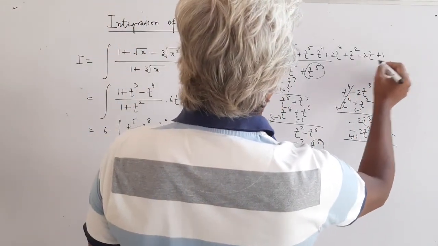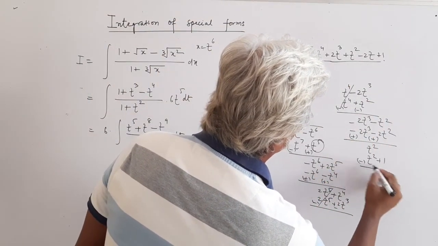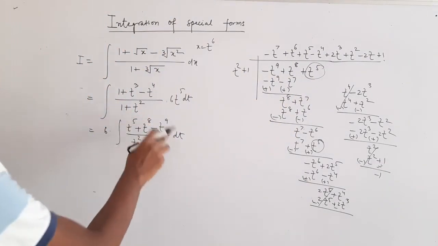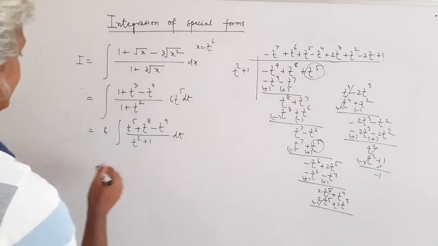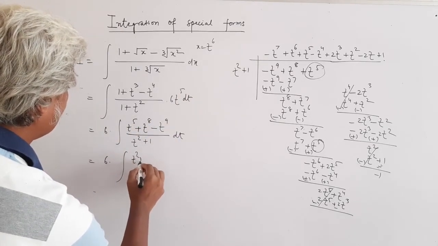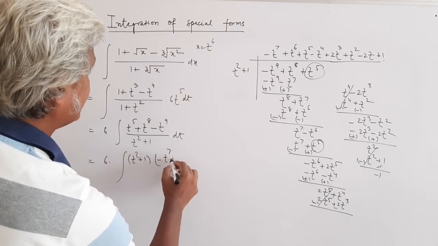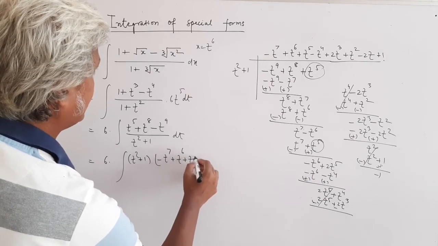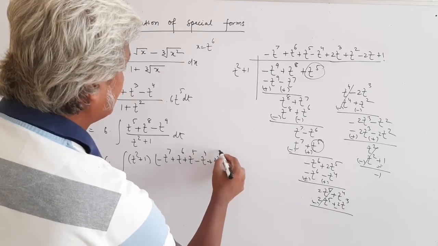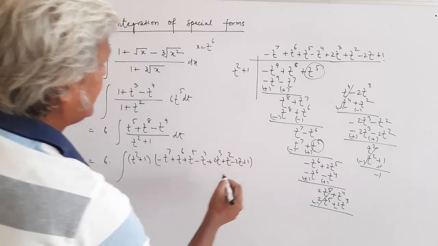Then I go by 1, and then I get t square plus 1 minus this cancels, and here I am left with 1. So this whole expression can be written as 6 times integration of t square plus 1, and then minus t to the power 7 plus t to the power 6 plus t to the power 5 minus t to the power 4 plus 2t cube plus t square minus 2t plus 1.